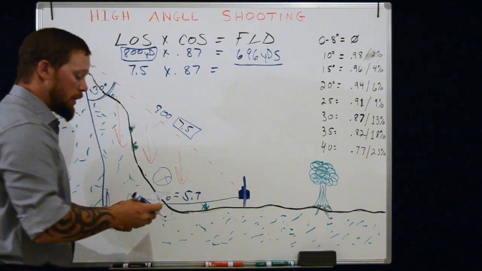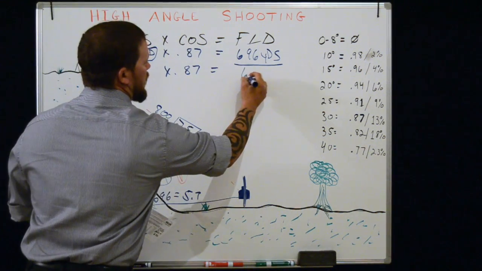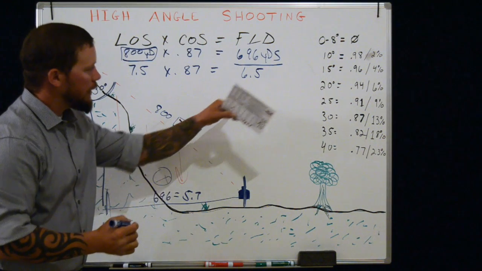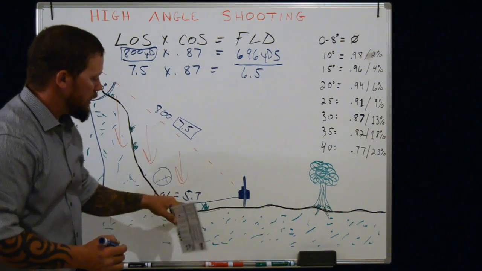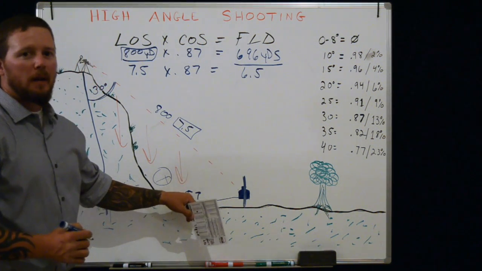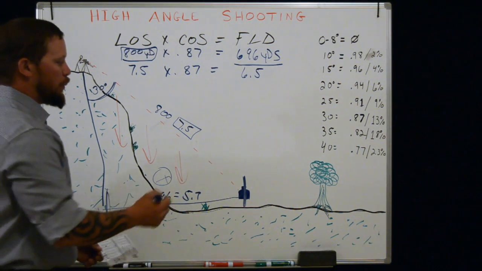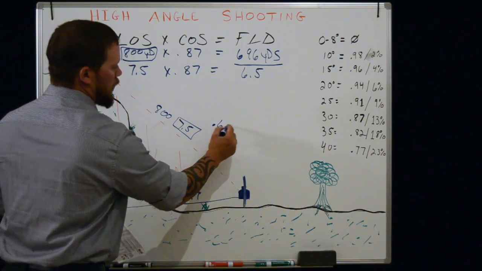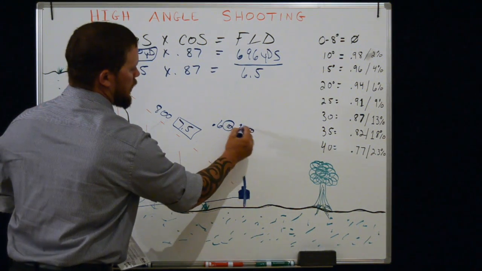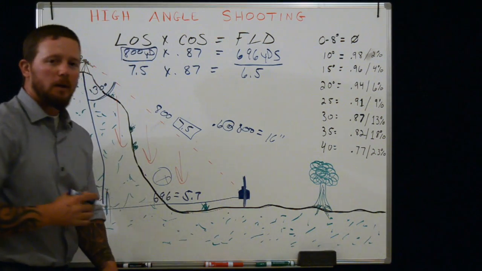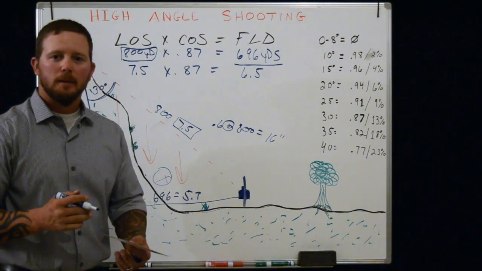Now it gives us an elevation correction of 6.5. If you'll notice, that 6.5 does not line up with what our flat line distance would be. It's still off by 0.6 mils. 0.6 mils at 800 equals 16 inches. You're still going to overshoot your target by 16 inches.